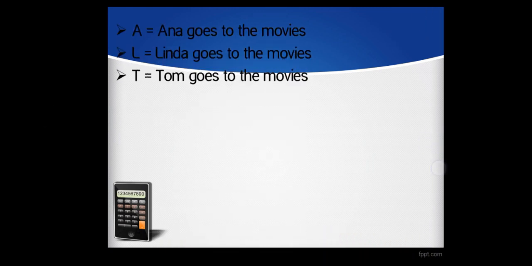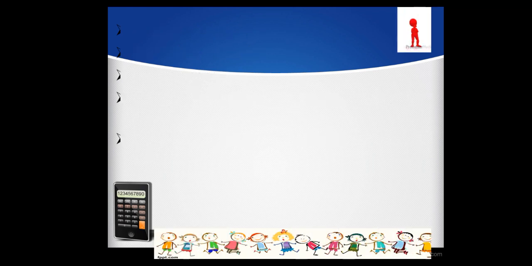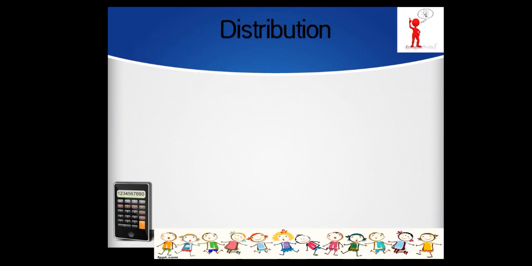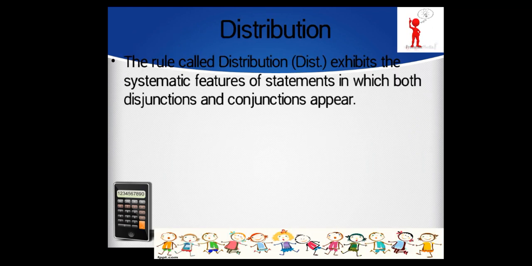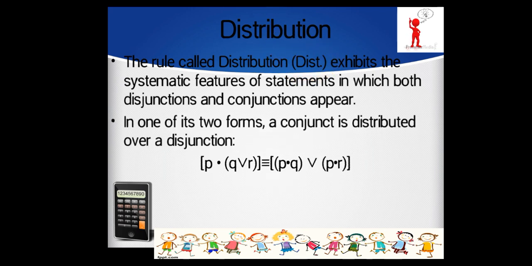So now we will move on to the distribution. So distribution, the rule called distribution or the DIS, exhibits the systematic features of statements in which both disjunctions and conjunctions appear.